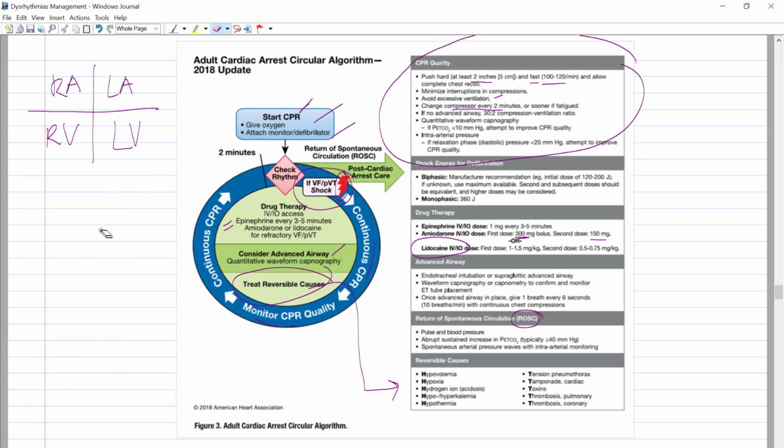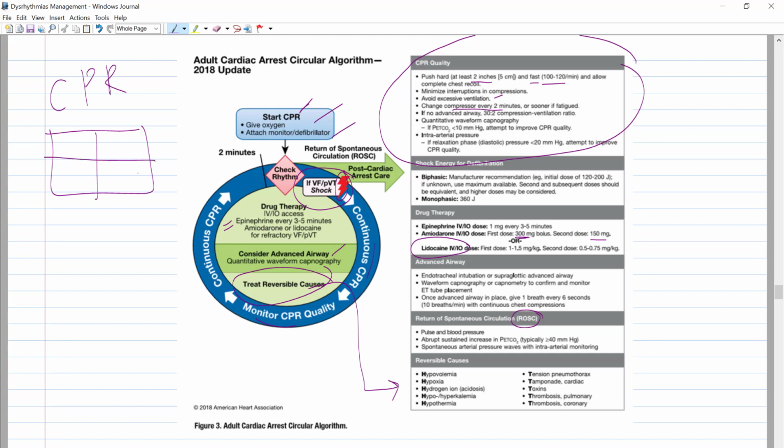CPR stands for cardiopulmonary resuscitation. It means that you have to compress the heart, do compressions. And when you do compressions, it's like you're pushing or trying to create circulation and perfusion in the body.